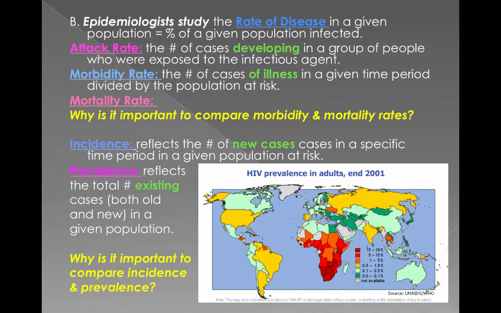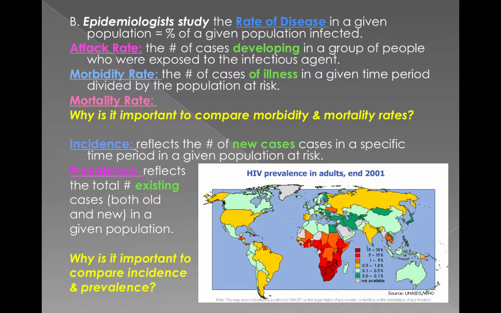Now, there are some other pieces of data that they collect. Those include the attack rate, so the number of cases that develop in a group of people who were exposed to an infectious agent, and the morbidity rate. That's going to be the number of cases of illness in a given time period divided by the population at risk. People can get some of these terms confused.